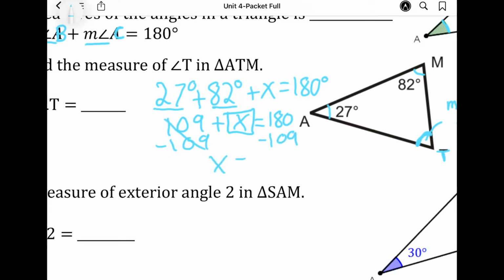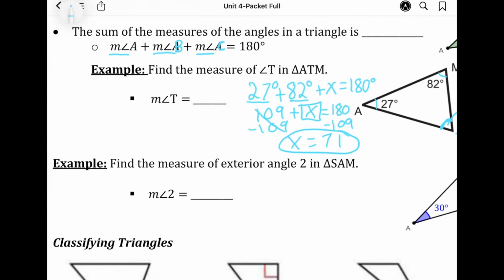And I get X equals 71, my bad. There it is. So that would be my angle, or my measure of angle T. So 71 degrees.